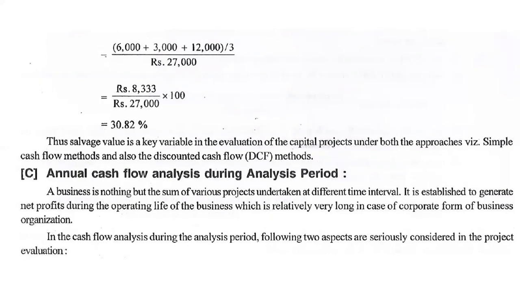Means if a company or firm is manufacturing different items for different sectors, at that time you have to calculate the individual profit for individual companies, then the overall performance of that firm.